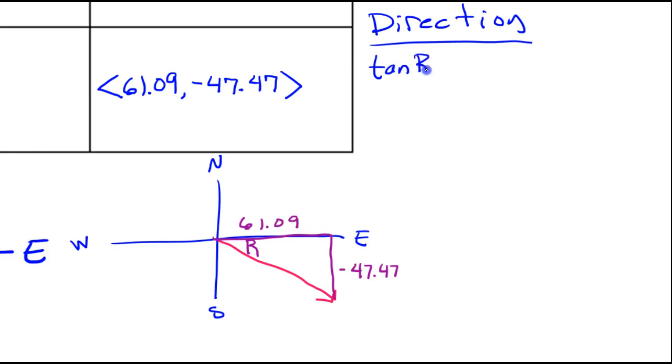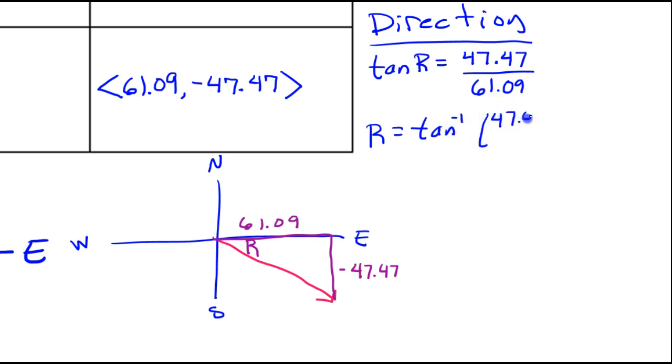So the tangent of this reference angle should be 47.47 over 61.09. Notice I'm ignoring the negative sign because I really just want the positive value of this reference angle. To find the reference angle, I will do the inverse tangent of the fraction, 47.47 over 61.09. Just use a calculator.